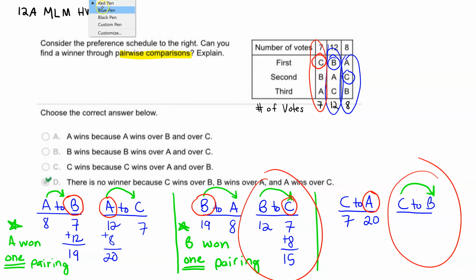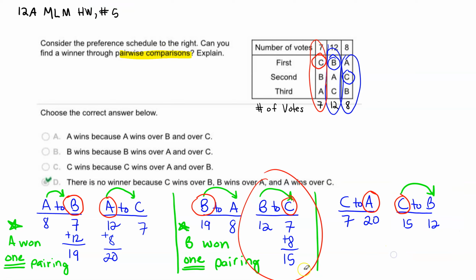So in that pairing, B got 12 votes, C got a total of 15, so C won that pairing. Okay, so when I look at these, C won a single pairing out of the 2 pairings that are possible, right? So in this case, candidate C also won a single pairing.